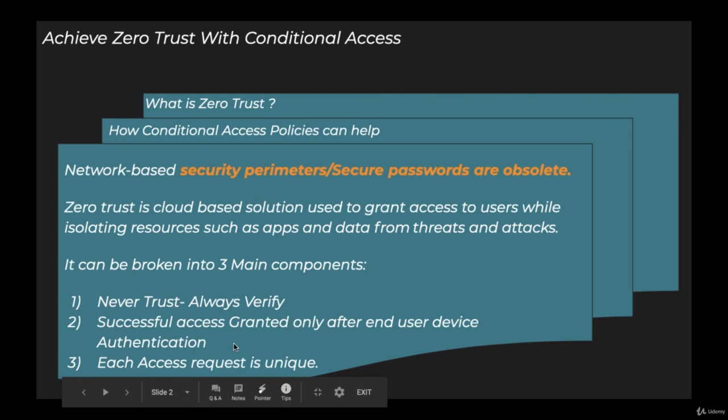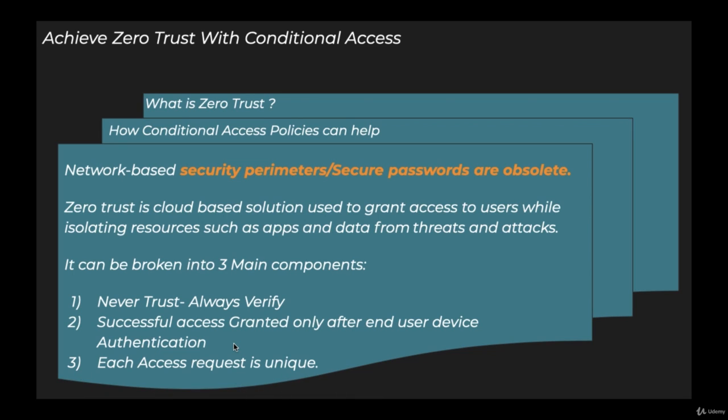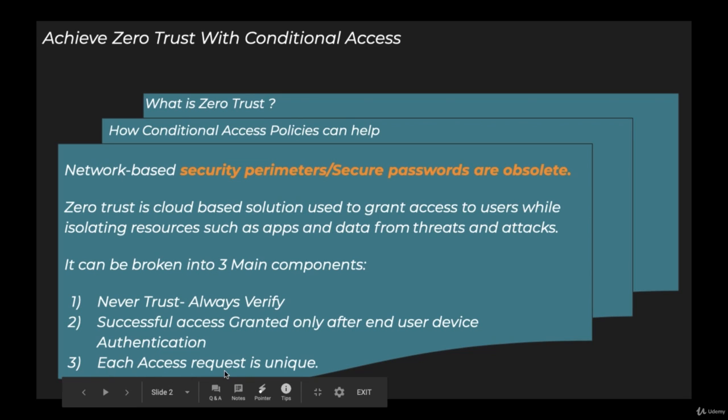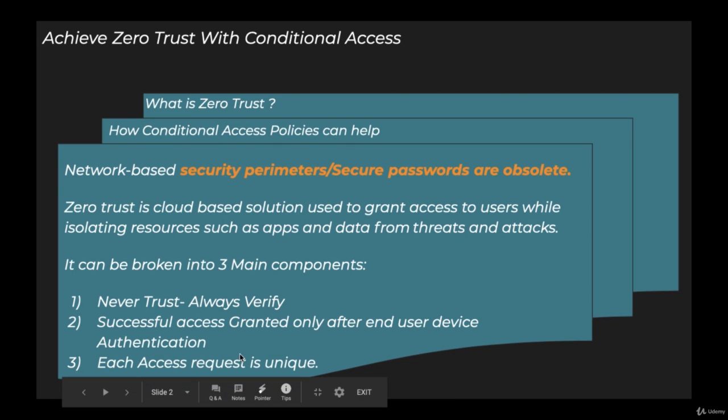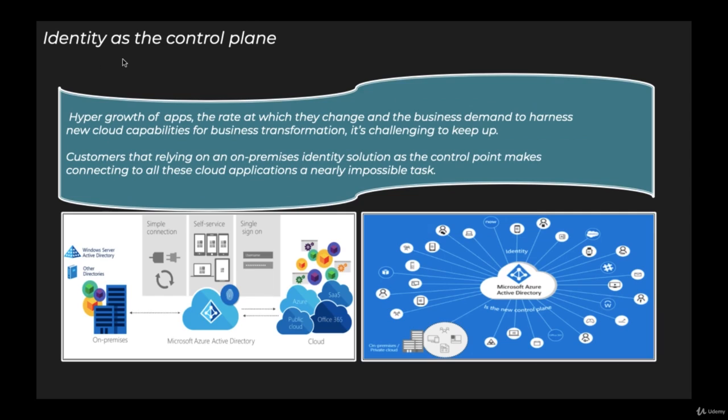If the device is not authenticated, not verified, or not as per the organization's compliance policies, deny access. Treat each and every request coming to your infrastructure or application as unique, apply all the policies, and verify whether that particular access request is authentic or not, and only then provide the access.